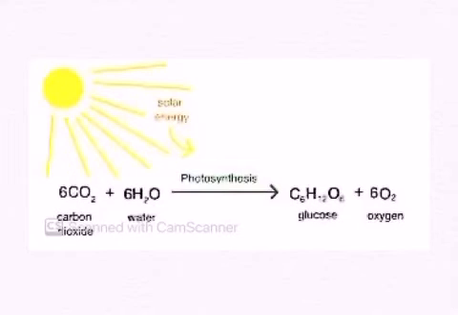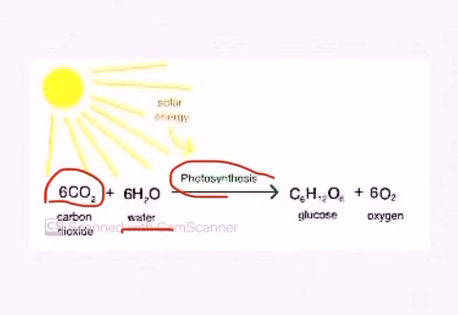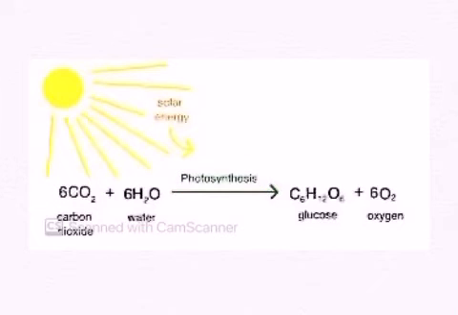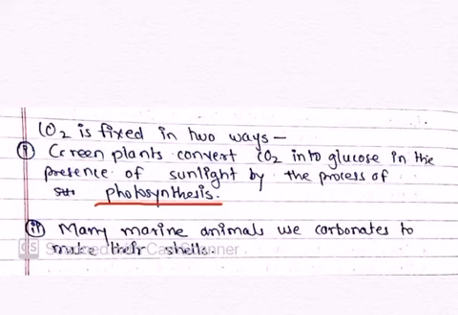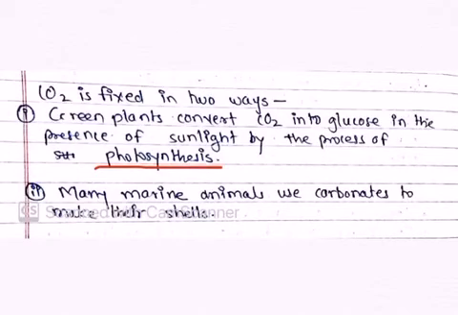In this process 6 molecules of CO2 react with 6 molecules of H2O and are converted into glucose, and oxygen is released. There should be the presence of sunlight for the photosynthesis process. Okay, this is one factor which is responsible for the fixation of CO2 in the atmosphere.